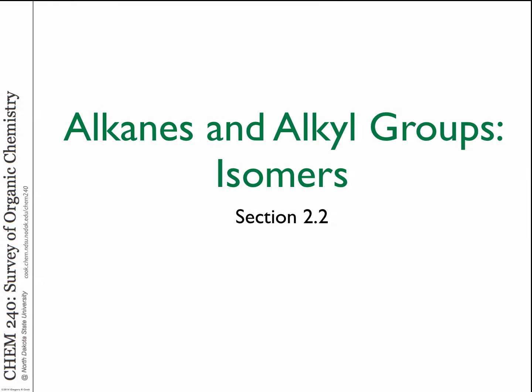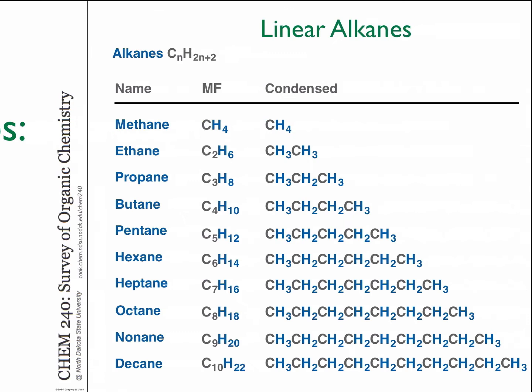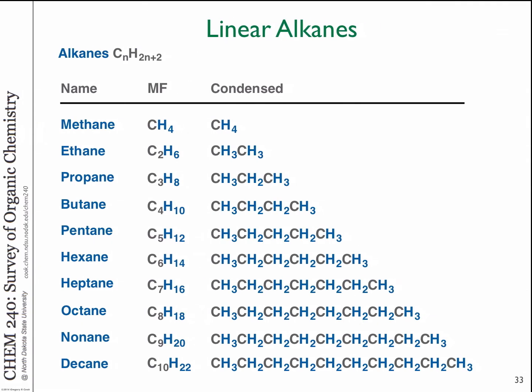Okay, remember when I showed you the branched alkanes, that we have something that is beyond just the linear chains like I showed here. The linear chains of alkanes, you could go to infinity, I suppose, although you can't make that here on the one planet.